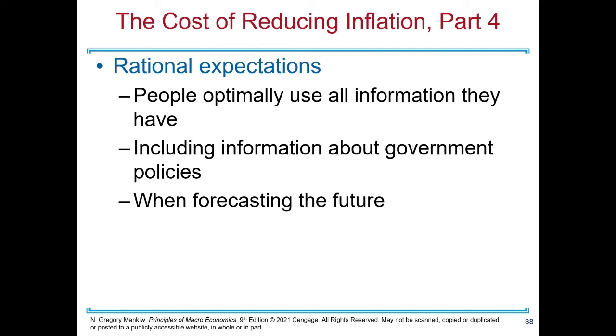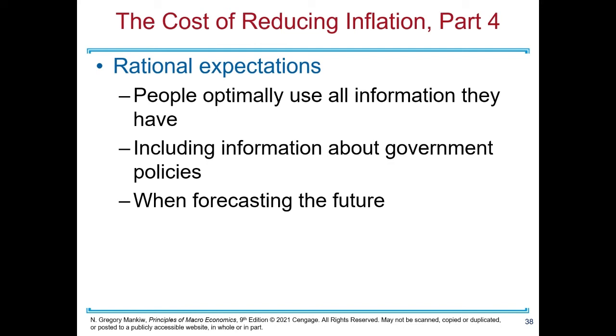But in most cases, it would never be 0. If the government made a credible commitment to a policy of low inflation, people would be rational enough to lower their expectations of inflation immediately. The short-run Phillips curve would shift downward, and the economy could then have a lower inflation rate without the temporary cost of high unemployment.